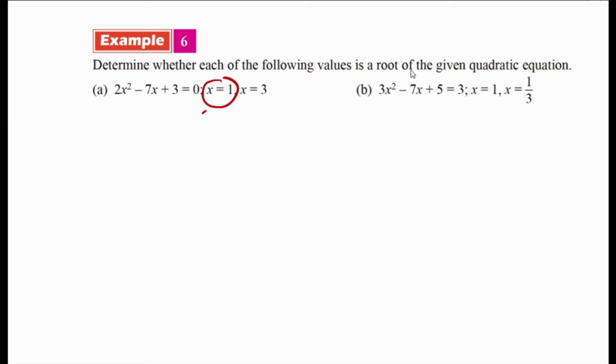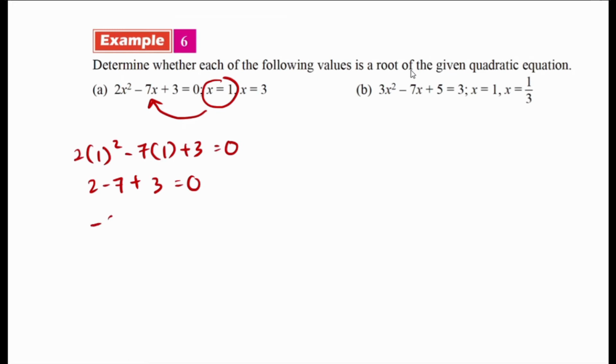We substitute into the equation, so you get 2(1) squared minus 7 times 1 plus 3. So 2 times 1 is 2, minus 7 plus 3. 2 minus 7 is negative 5, plus 3 is negative 2.